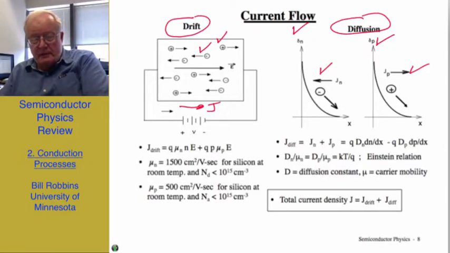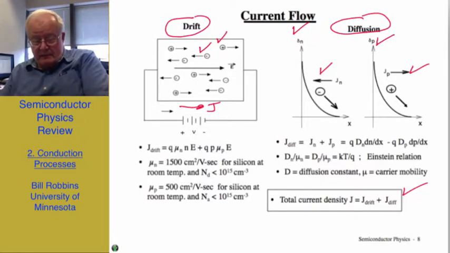There's a relationship that's very useful between the diffusion constant and the mobilities for the given carrier. The ratio of the diffusion constant over the mobility is equal to kT over q, the so-called Einstein relationship. The total current density that's flowing in the semiconductor due to both drift and diffusion is summarized here.